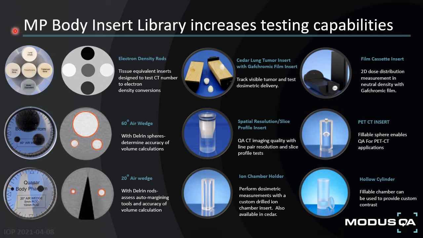But of the ones that we have on screen right now, first off, you have the electron density ring, which houses a series of 5 different electron density inserts, whose relative electron densities mirror that of the lung and inhalation, the trabecular bone, the dense bone, a water equivalent, as well as polyethylene, which does have similar attenuation values to the thyroid.